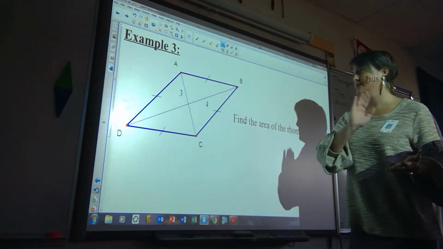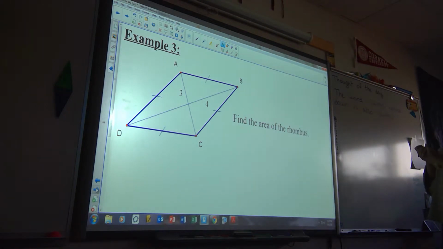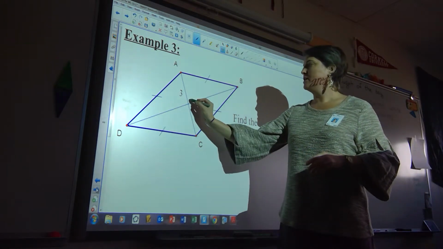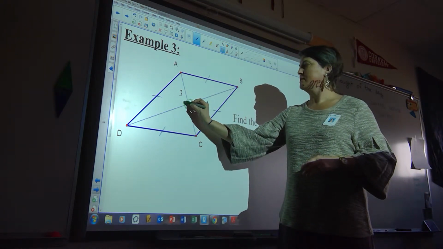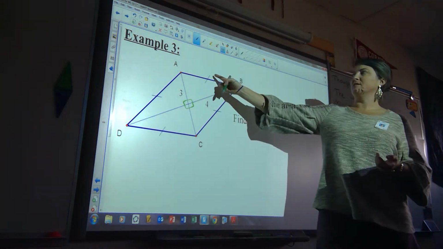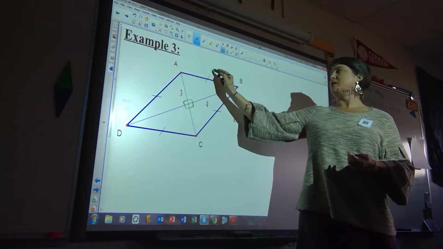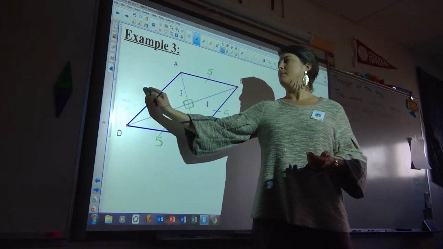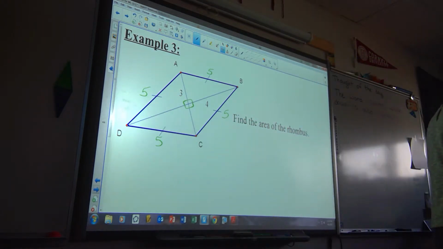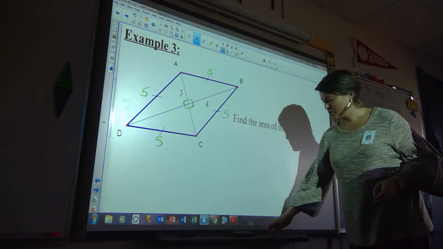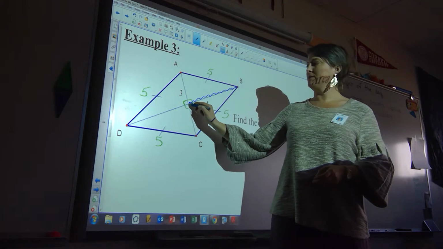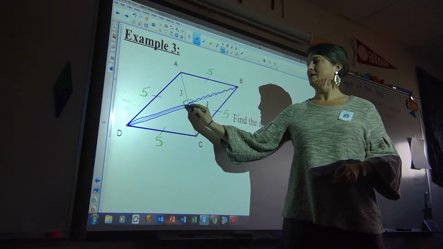So how about this? Do we have enough information? I know that these are all right angles. Could I figure this out? Yes. So I would know that all the sides are 5. But I don't think I know what the height is. So let's try the other formula. If this is 4, this piece here is also 4.